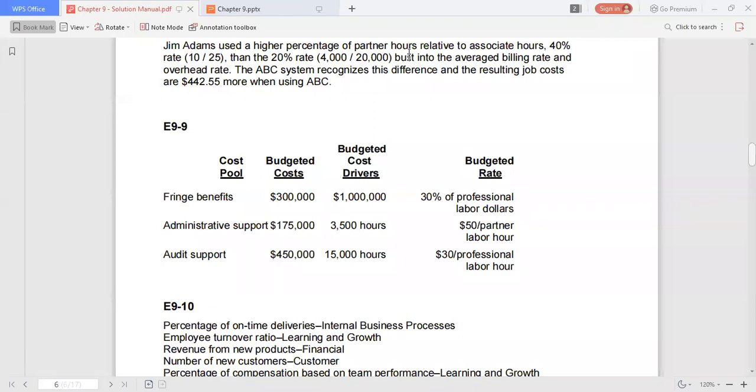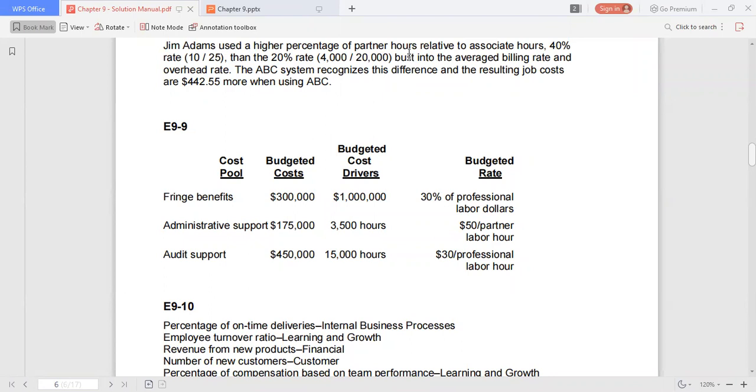Again, the cost driver is the base. So we have to compute the overhead rates for each of the three cost pools. So we have the cost pools, then we have the budgeted cost given, and we have the budgeted cost drivers given. So we now divide for fringe benefits.